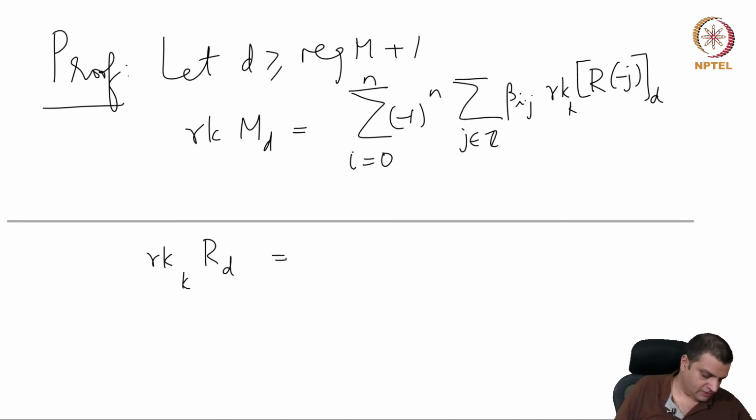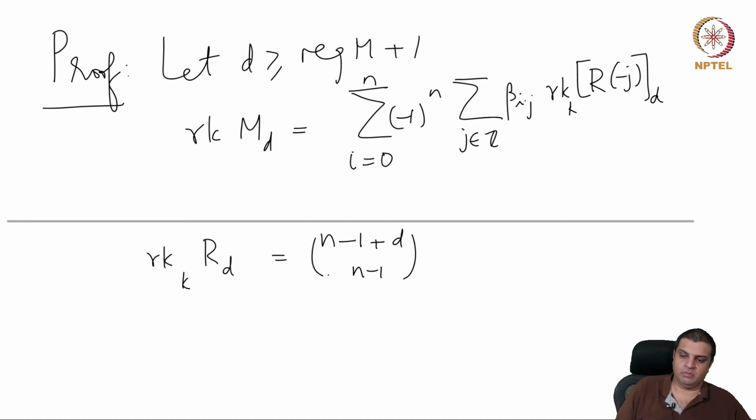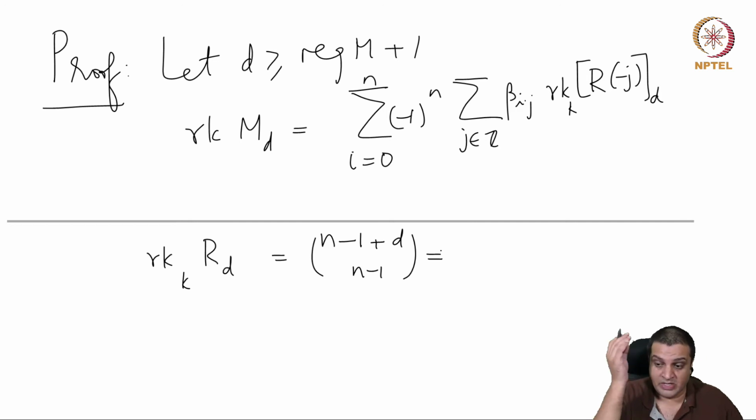There are n variables, so it's going to be the binomial coefficient (n minus 1 plus d) choose (n minus 1). This one can be proved by induction. So if you think about this, let's write it as a function in d. We are saying that this rank can be written as a polynomial in d.